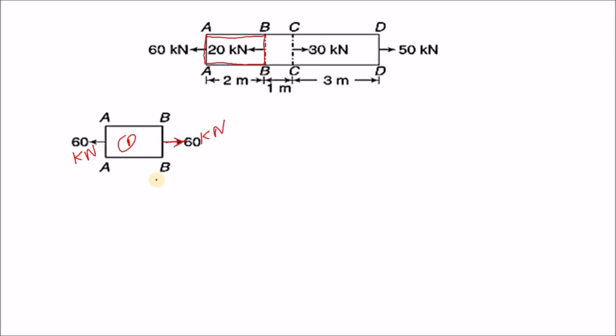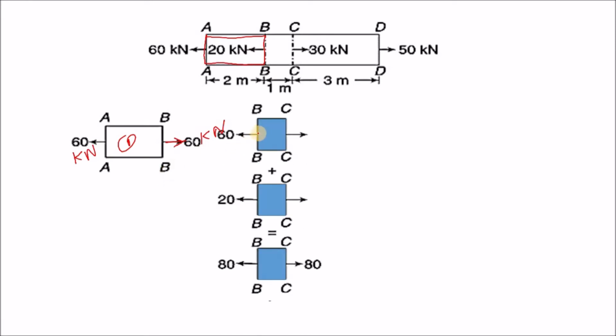Now we should draw the second section, section BC. Here in BC, at point B we have applied a load in this direction. To make equilibrium of this load we should apply 60 in the opposite direction. So 60 kN we apply here, to make equilibrium of this load.